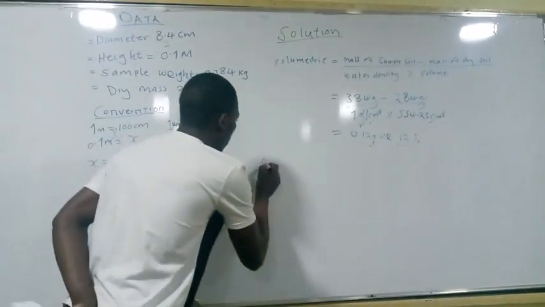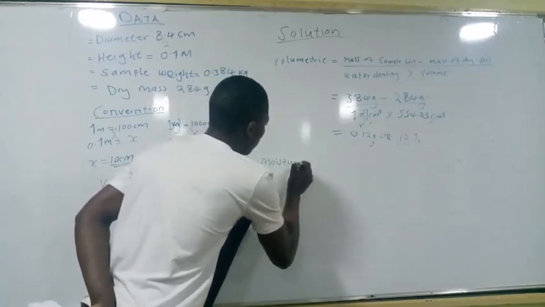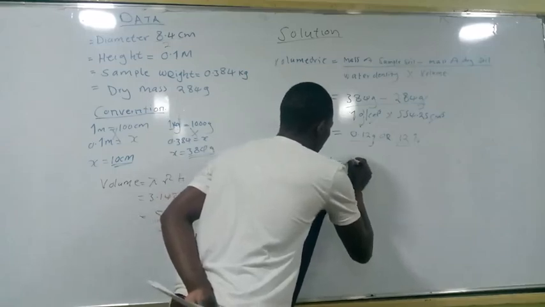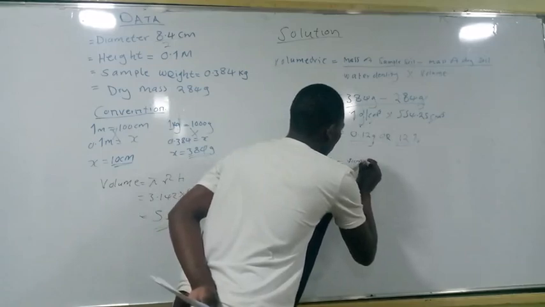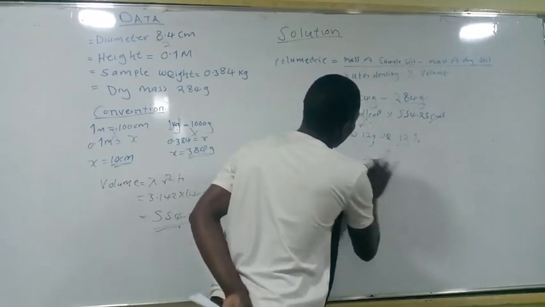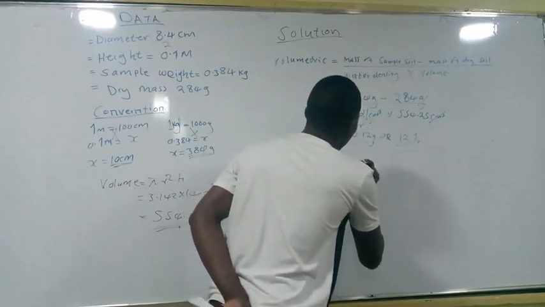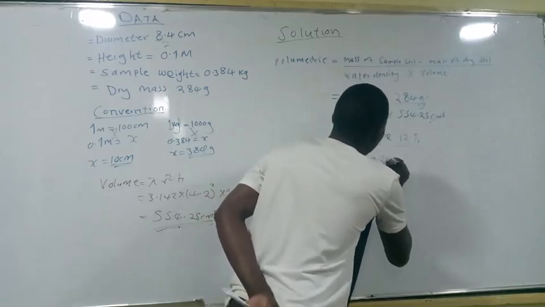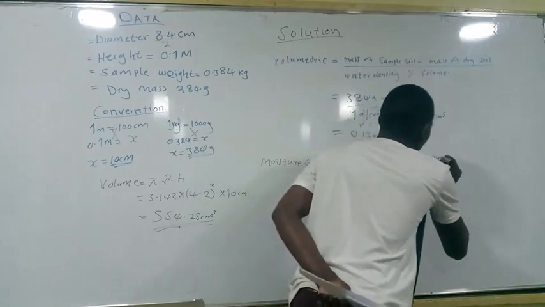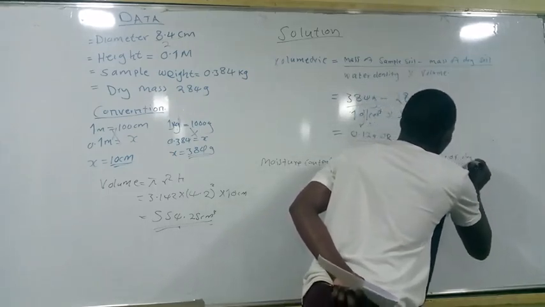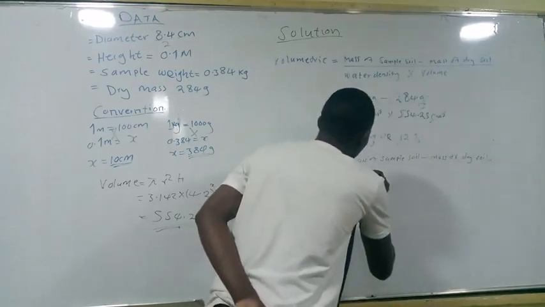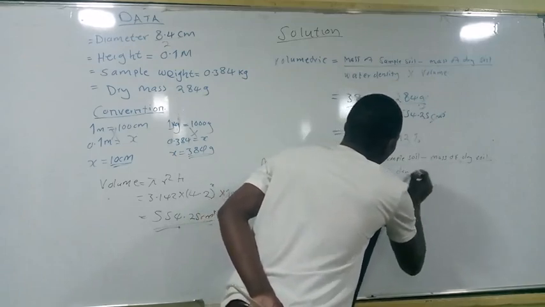So it says moisture content equal to mass of sample soil minus mass of dry soil, over mass of dry soil.